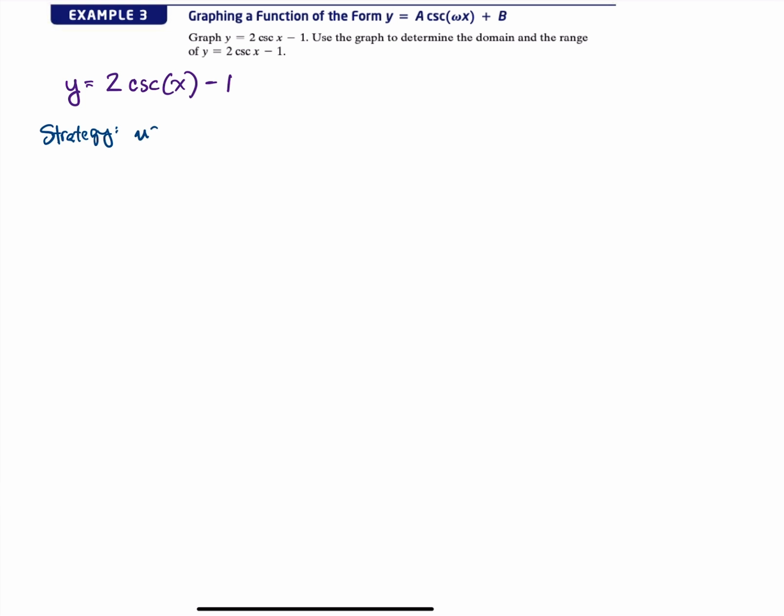So I'm going to use the graph of y equals 2 times the sine of x minus 1. And let's see what that graph looks like, and then place the cosecant on top and below that graph.